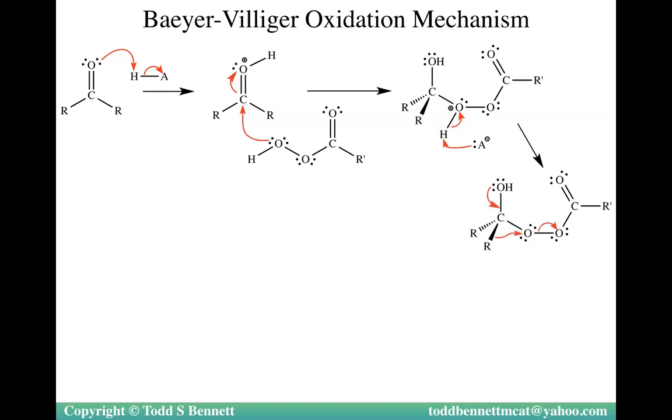And then we have this bizarre sort of O kicking in, R migrating over, and this moving across to that. So you end up with a deprotonated benzoic acid, or what used to be peroxy acid is now just a carboxylic acid. It has one less O, and you migrated the R across.